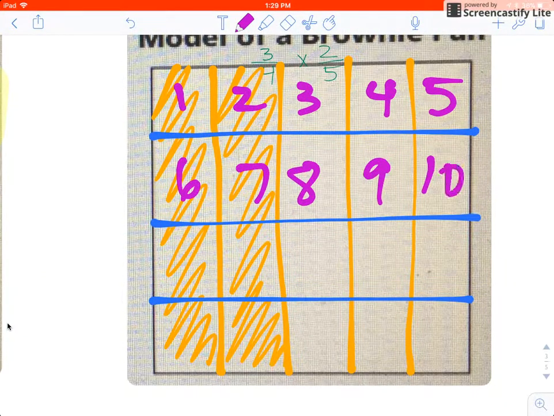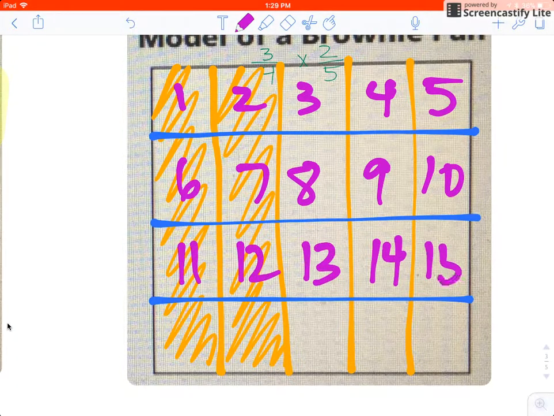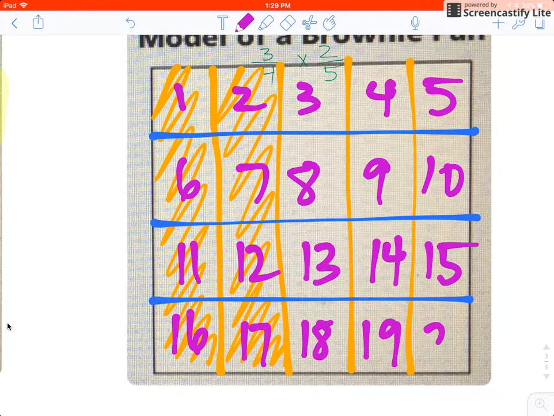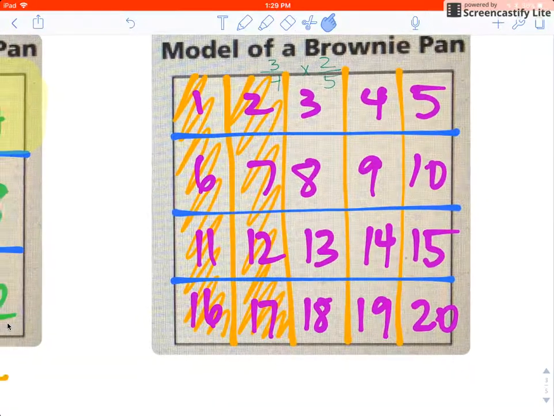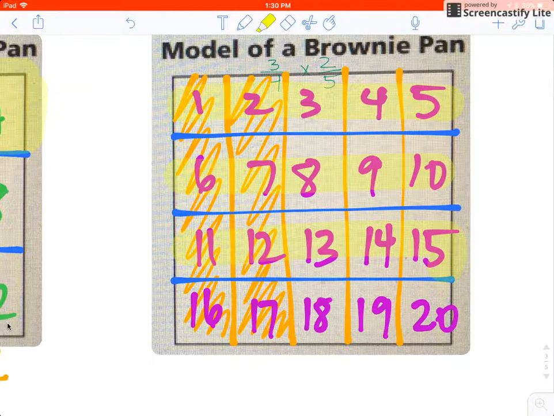So we'll count out how many pieces our brownie pan is split into, and then from there we can figure out how many pieces we get to buy out of our 20 pieces. So now we are buying 3/4. So here's 1/4, there's 2/4, and there's 3/4.